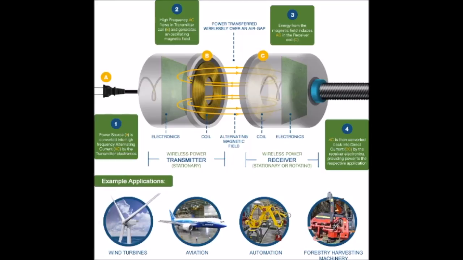Step 3. Energy from the magnetic field induces alternating current in the receiver coil C. Step 4. Alternating current is then converted back into direct current by the receiver electronics, providing power to the respective application.